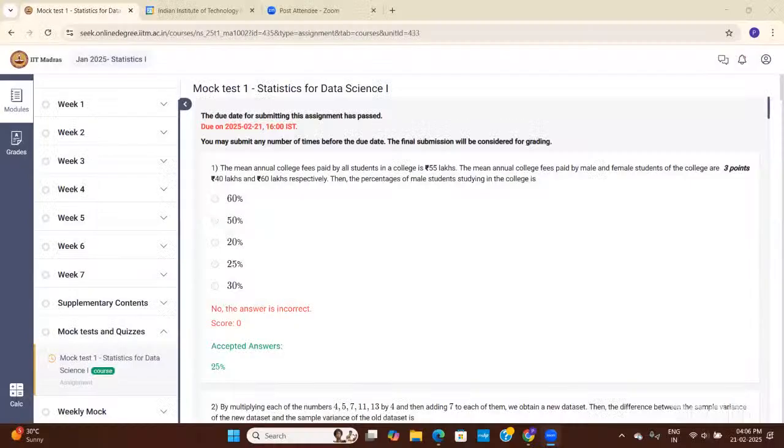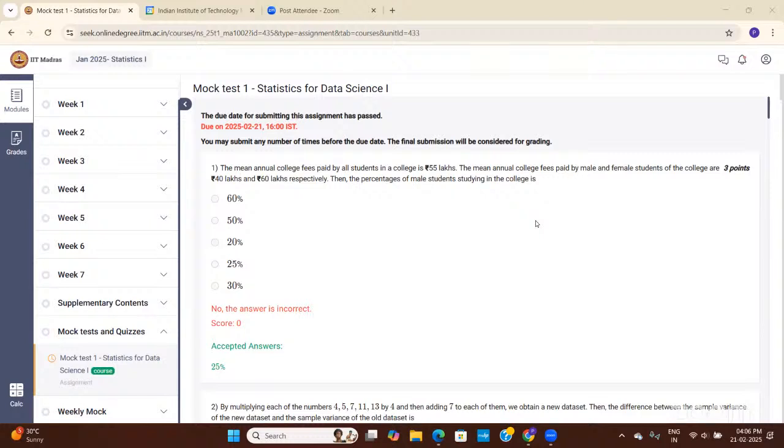Okay, let's start then. Is my screen visible? Yes, ma'am. So this is your question number one: the mean of annual college fees paid by all the students in a college is 55 lakhs, and the mean annual college fees paid by male and female students of the college are 40 lakhs and 60 lakhs.